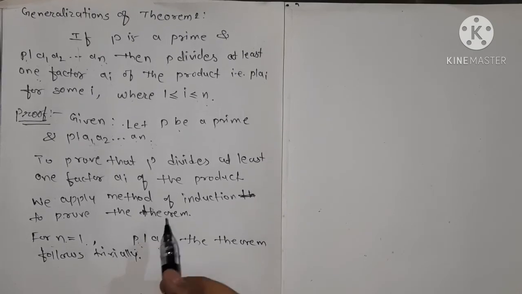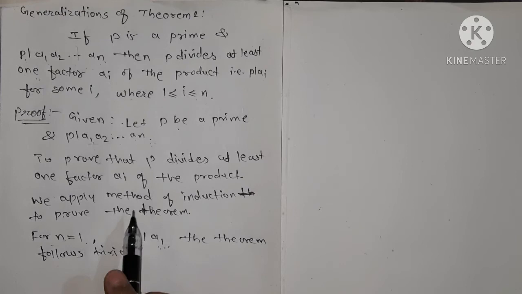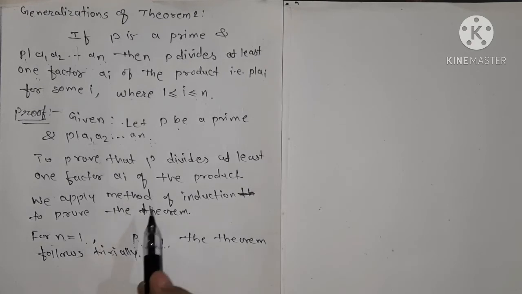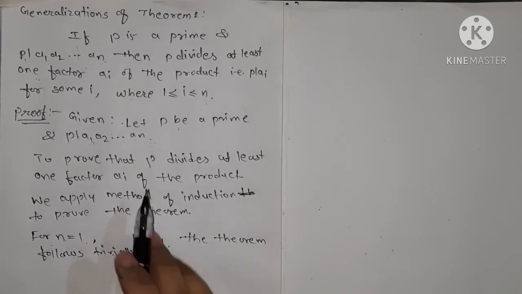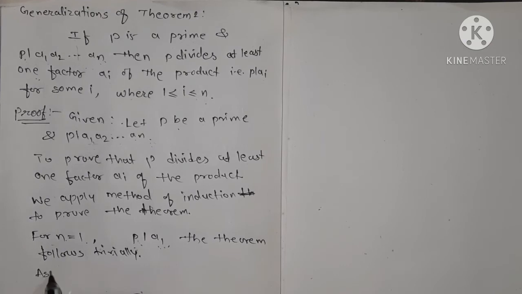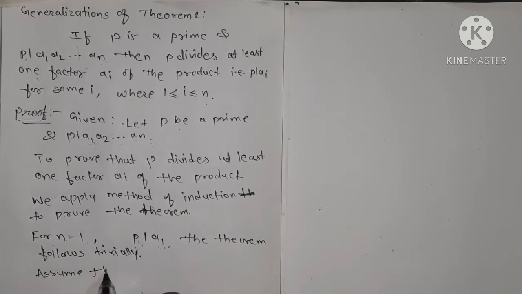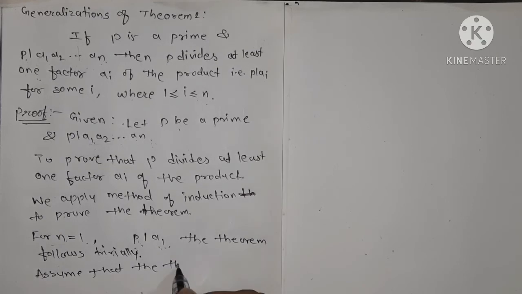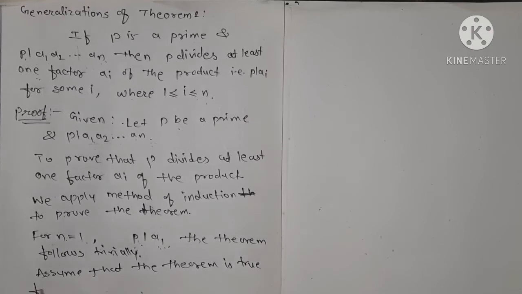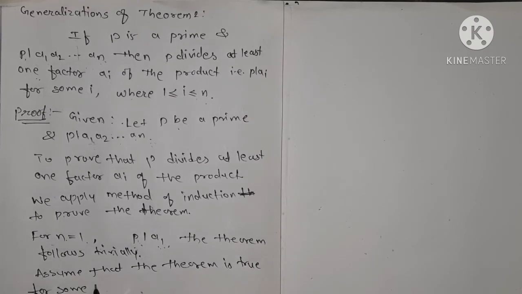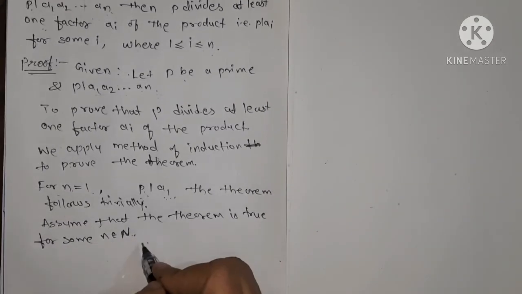Okay, now we assume that the theorem is true for some finite n. So we assume that the theorem is true for some n belongs to capital N, that is, the set of natural numbers. For some n, the theorem is true.